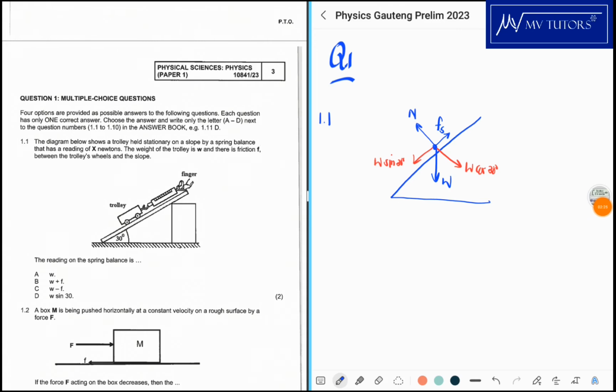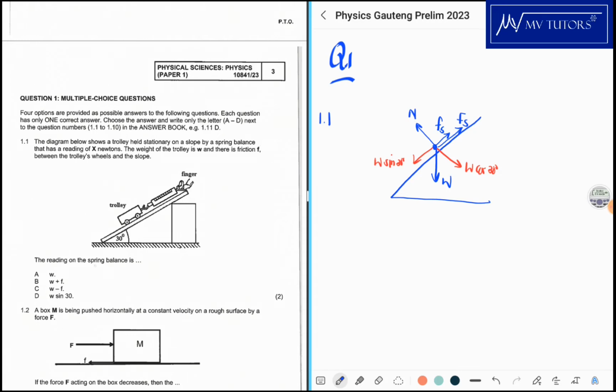This spring is sort of pulling the trolley upwards, and the weight of the trolley is pulling it down. So now that they're stationary, we're going to represent that with a longer arm and say that is the force of the spring, which is what we need to read.